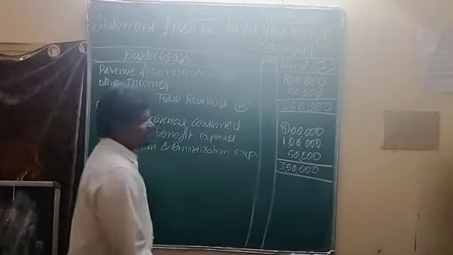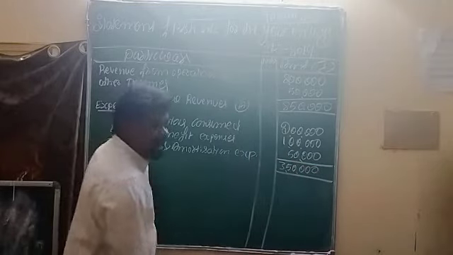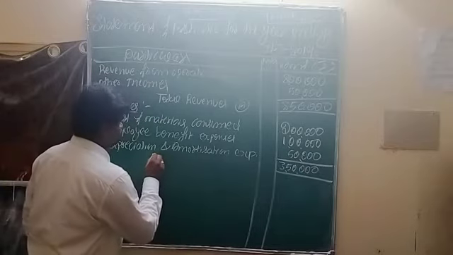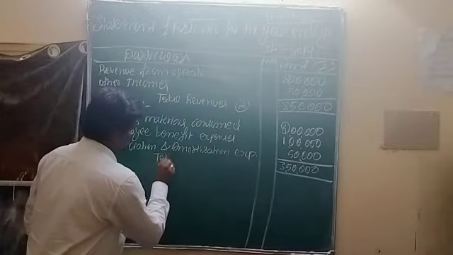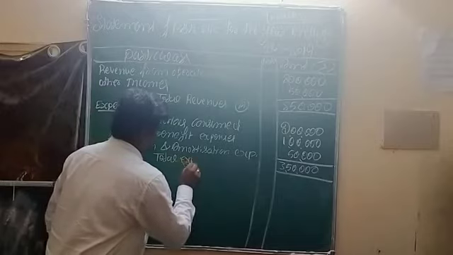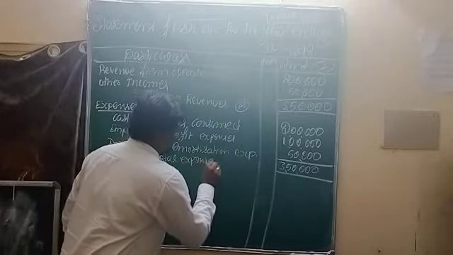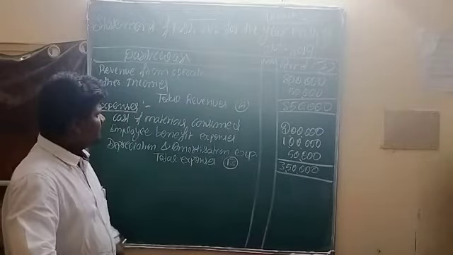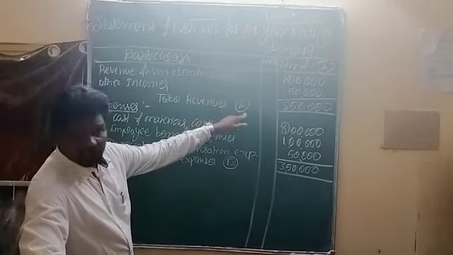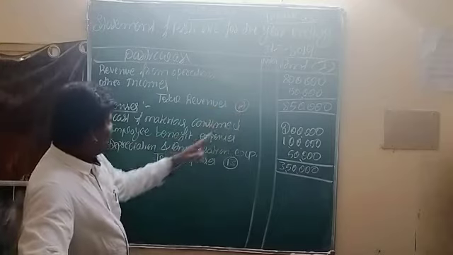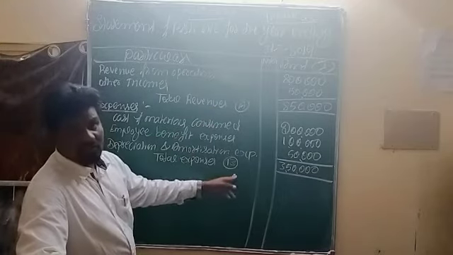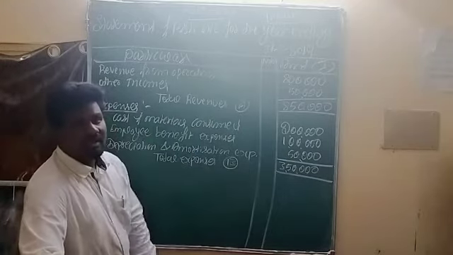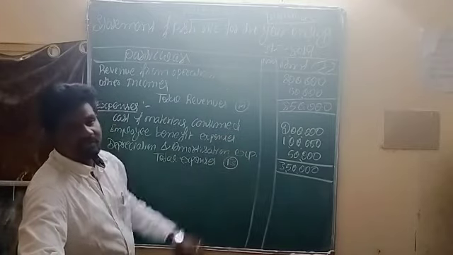These 3,50,000 we can call total expenses, B. Total revenues, or total incomes, A.